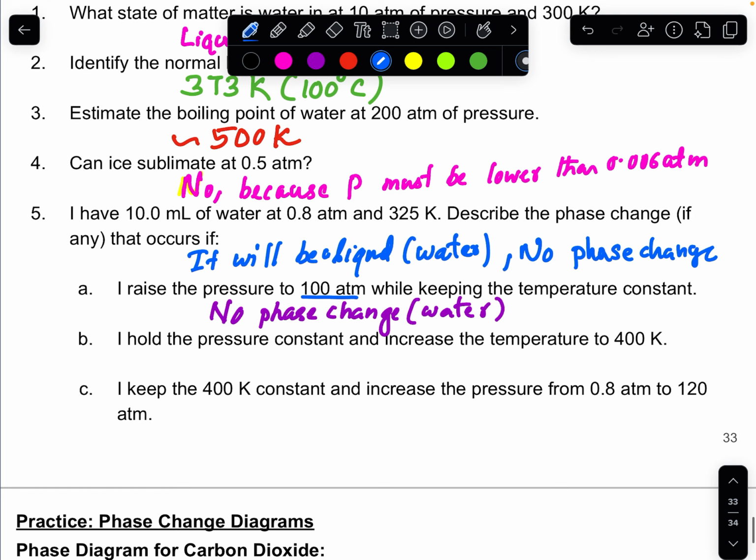Okay, we can say there will be a phase change. Approximately the liquid will convert into what? Gas. That is called vaporization.